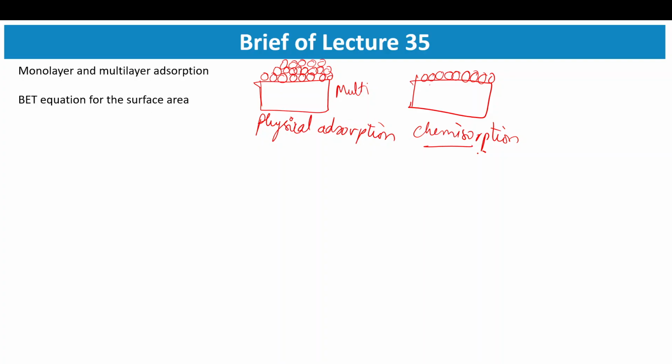You use the equation given in the lecture notes to derive the surface area.